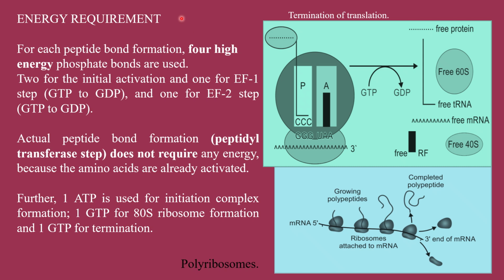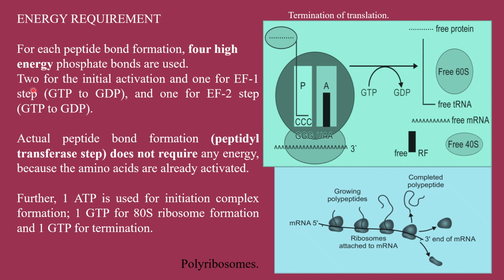Then sum up the energy requirement. What is the total requirement for this particular process of loading of amino acid with tRNA and translocation? For each peptide bond formation, 4 high energy phosphate bonds are used.